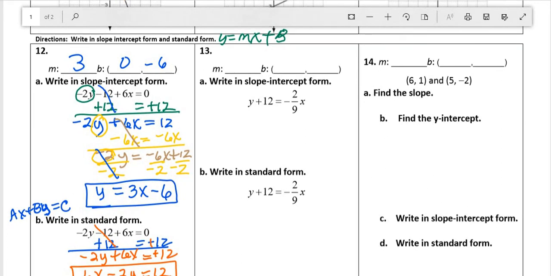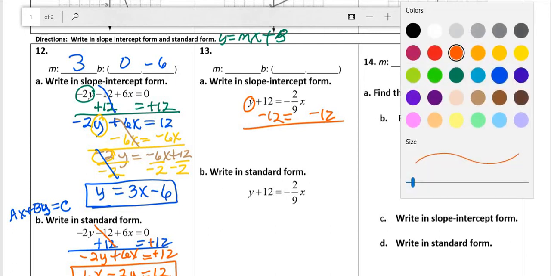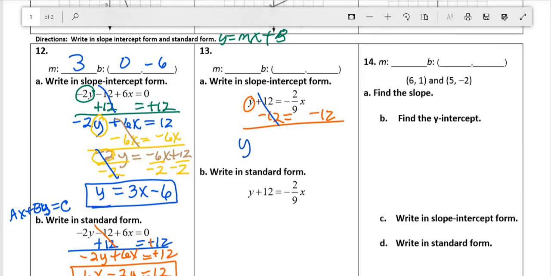At number 13, I see that the first thing I have to do is get the y by itself, so I have to get rid of the 12. The equation is y plus 12 equals negative 2/9 x. So I'm going to subtract 12 right here. This will cancel out, and I have y equals negative 2/9x minus 12.